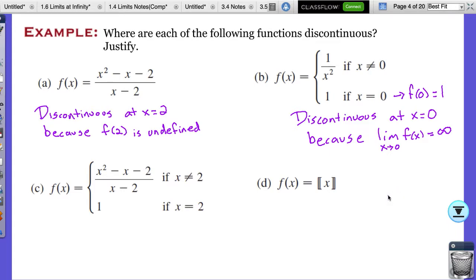All right, what about for c? I'm guessing probably at 2 since the question asks where is it discontinuous.